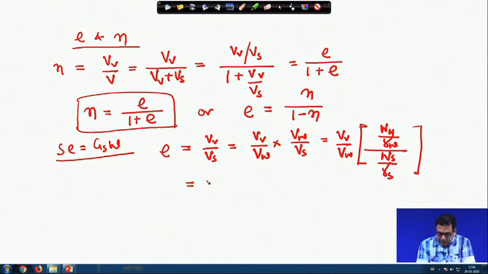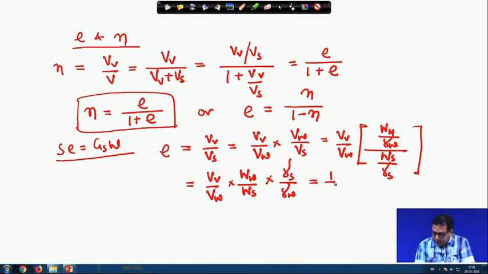So, I can write that volume of void divided by volume of water, and weight of water divided by weight of solid, into unit weight of solid into unit weight of water.